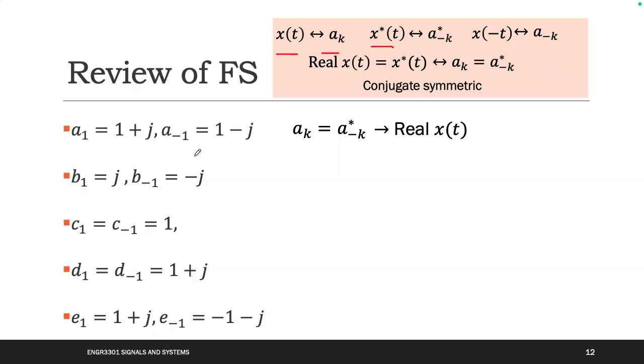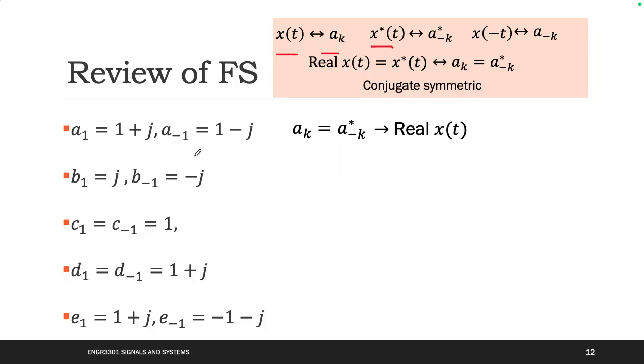If a_k equals 1 plus j and a_-k equals 1 minus j, then a_-k conjugate just flips the sign, am I right? Those two equal each other.